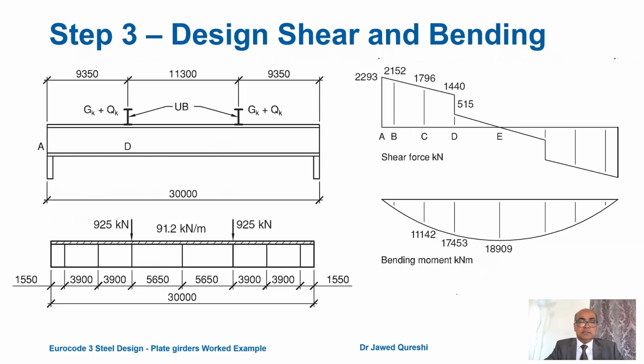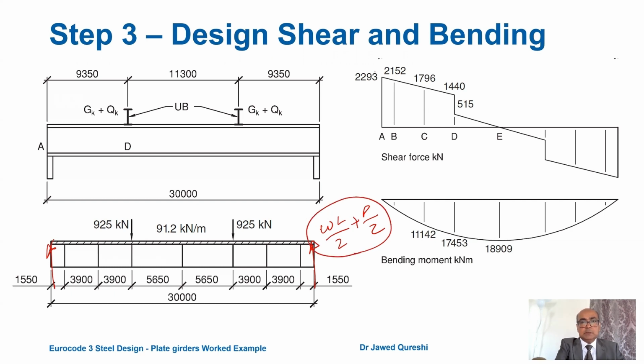Once I have got the design loads, then next step is to work out shear force and bending moment diagram. I will not spend too much time on how we work out shear force and bending moment diagram. Simply, here you will have a reaction which will be equal to, because we have UDL, WL over 2 plus P over 2, where P is the total point load.